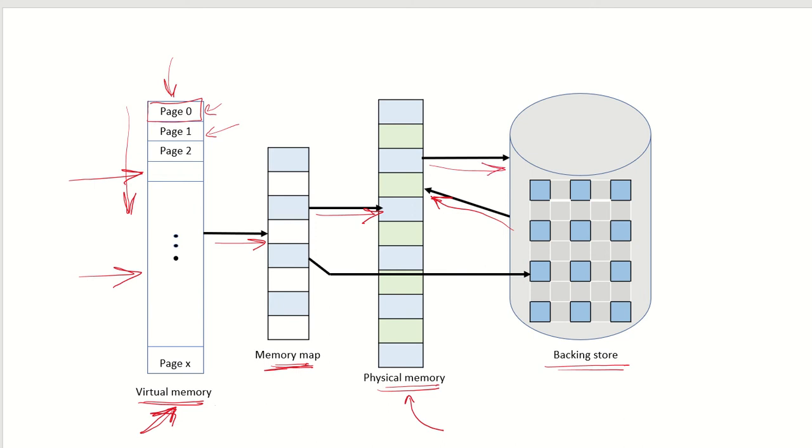So this virtual memory, which is in the form of pages, is put in the backing store. And from the backing store, the pages will be taken to the physical memory. So this virtual memory is only a concept of consecutive addresses which is seen by the developers.